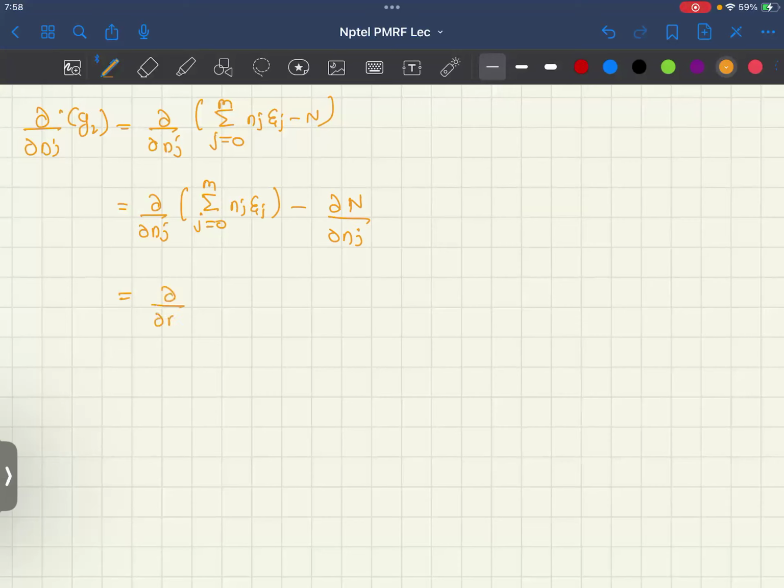Which is equal to ∂/∂nj of summation j equals 0 to l of nj epsilon j minus 0, right?